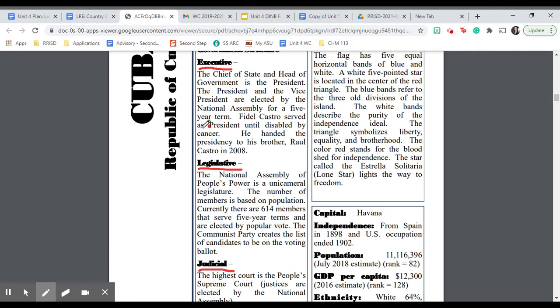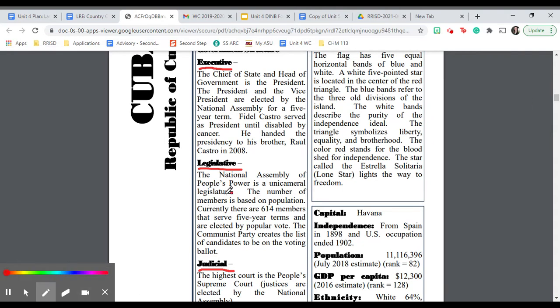So in their executive branch, we will see the chief of state and the head of government is a president. The president and the vice president are elected by the National Assembly for 5-year terms. Fidel Castro served as president until disabled by cancer, and he handed the presidency to his brother, Raul Castro, in 2008.